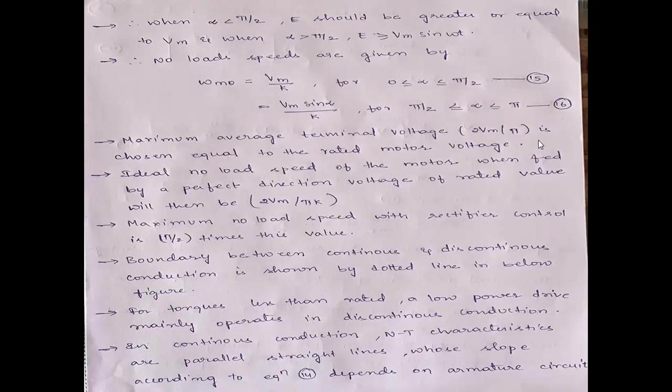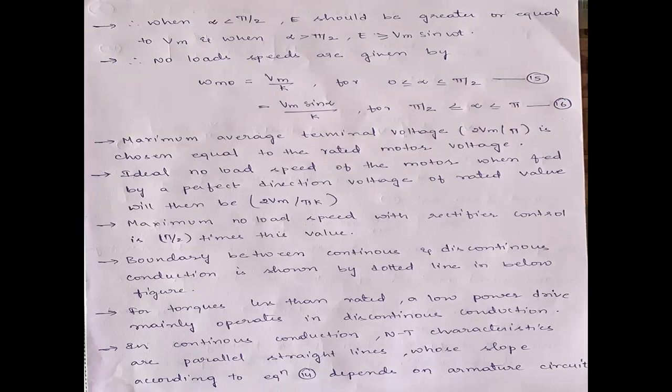So when the no load motor is fed by the drive, we will get a maximum voltage of 2 Vm by pi into k. This is the value for getting maximum voltage at no load speed.